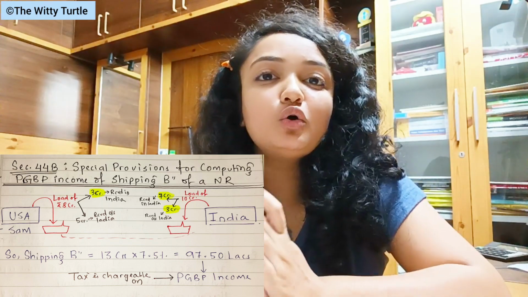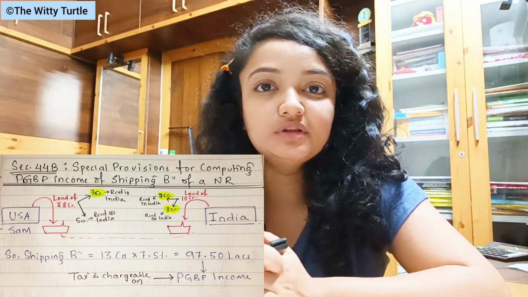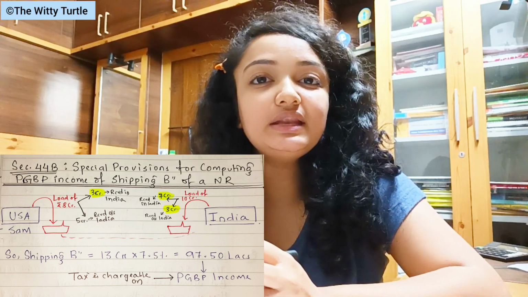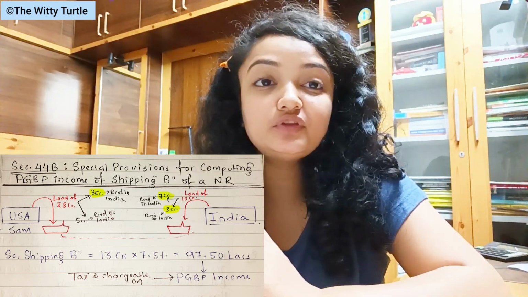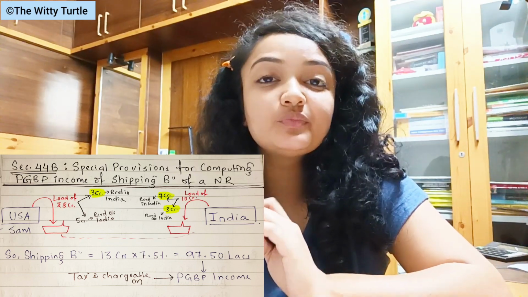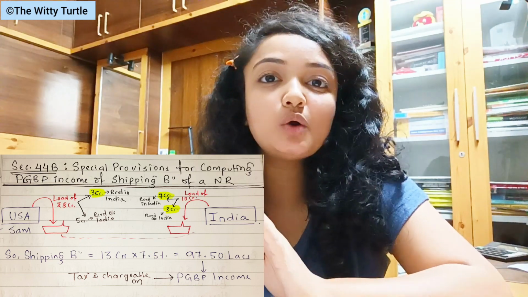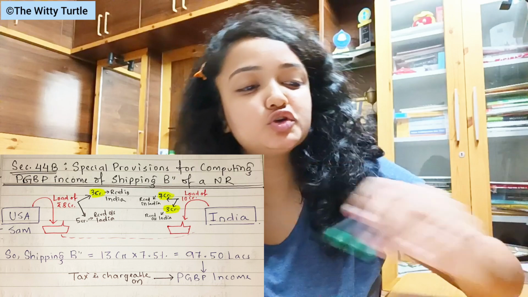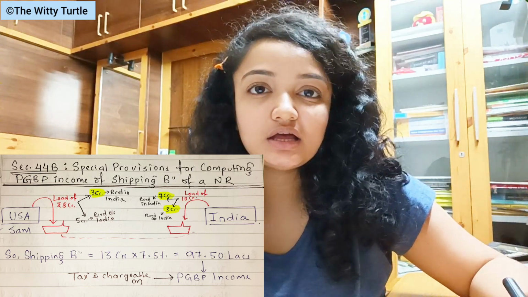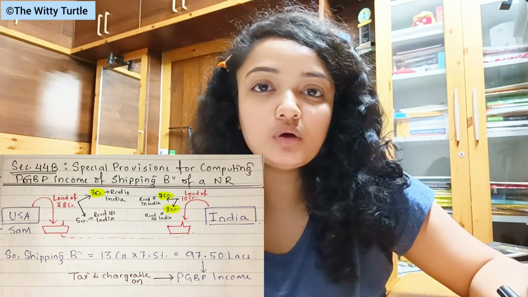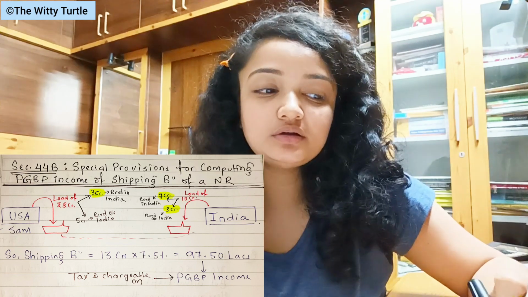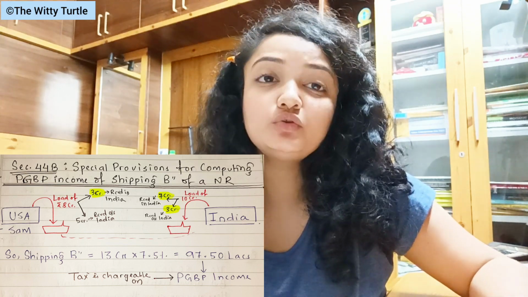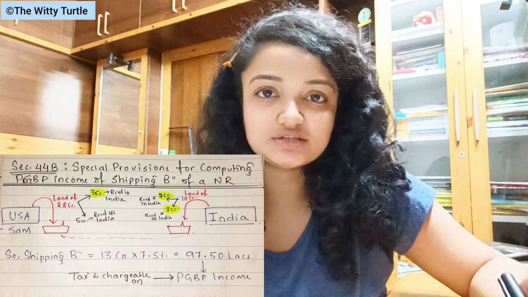You have to take all those amounts payable in the case where the goods are loaded in any port of India, right? If the goods are loaded in any port of India, then whatever amount is payable, that amount shall be taken as your turnover, right? So in India, goods of how many rupees are loaded in the ship? 10 crores. So this 7 crore and 3 crore both will be taken into consideration.